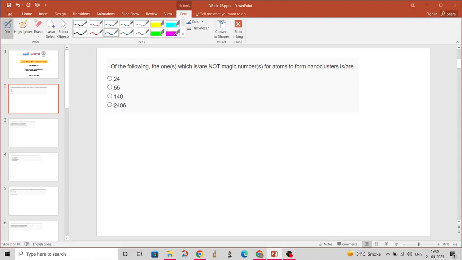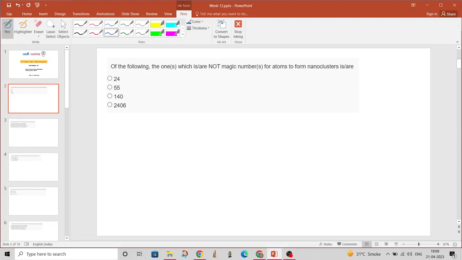So the question is, of the following, the ones which is or are not magic number for atoms to form nanocluster are 24, 55, 140 or 2406.